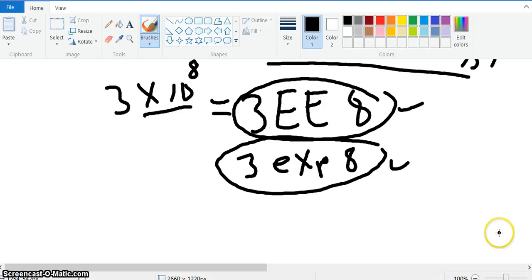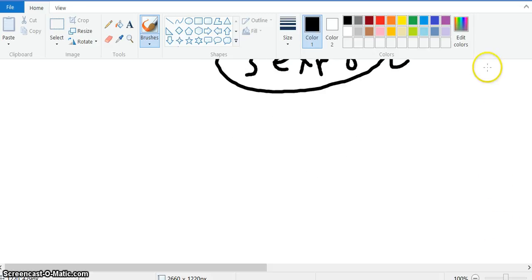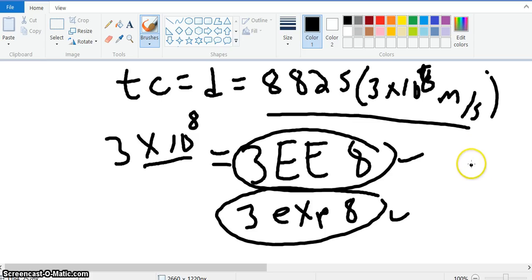All right, so here we go. I'm just going to calculate this. I already have the 882, so I'm going to say times, and then 3, and for me I have to hit Shift EE, and to the 8th, and then hit Enter.